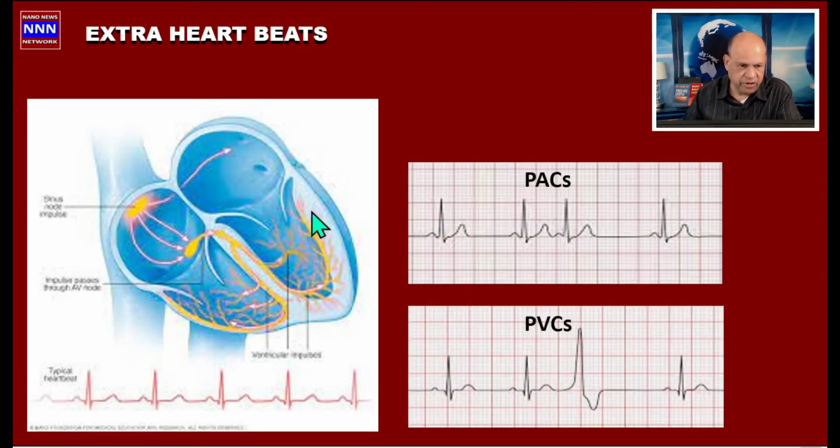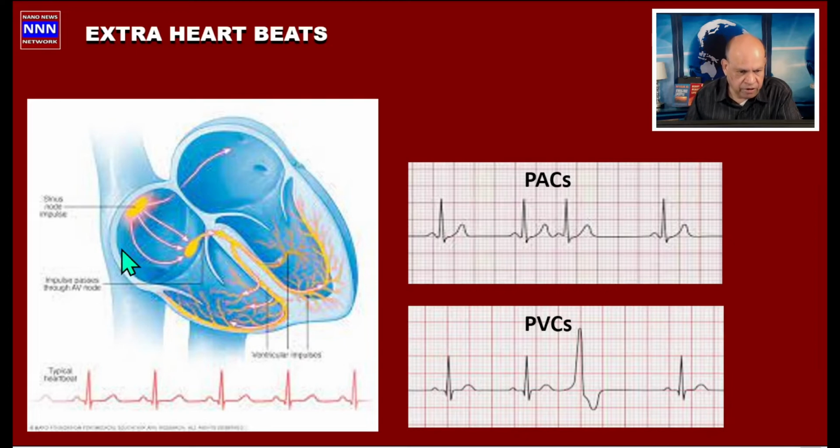As you know, the heart is made up of two atria and the ventricles. Then we have the electrical system here: the sinus node, the AV node, and the bundle branches in the Purkinje system. Normally, we have a sinus beat that is produced by the sinus node, which traverses through these conduction systems and produces the normal QRS complex.